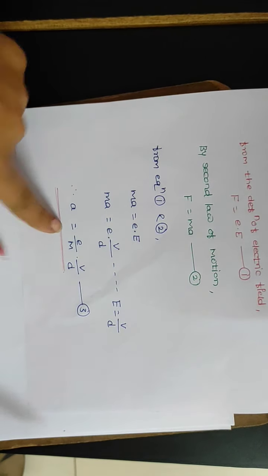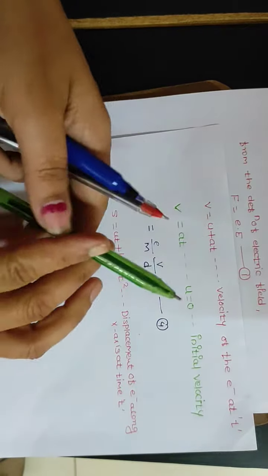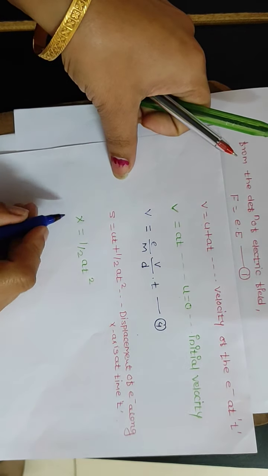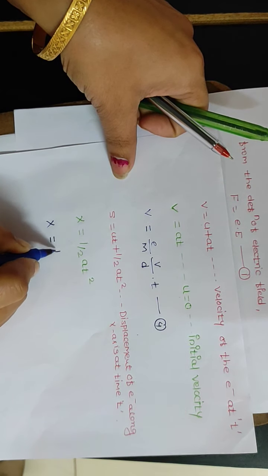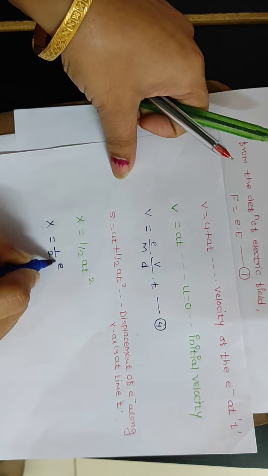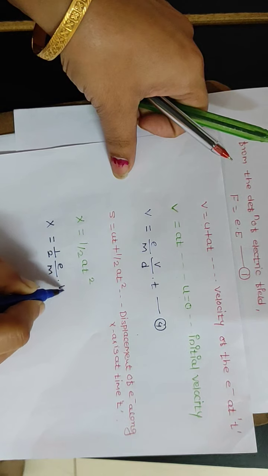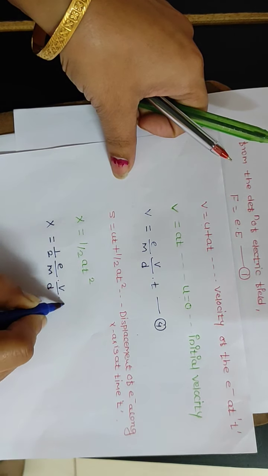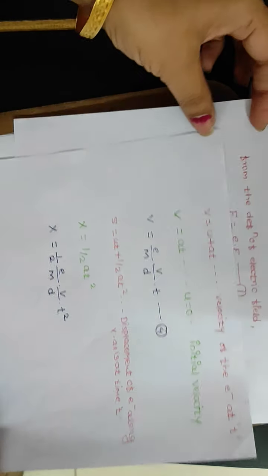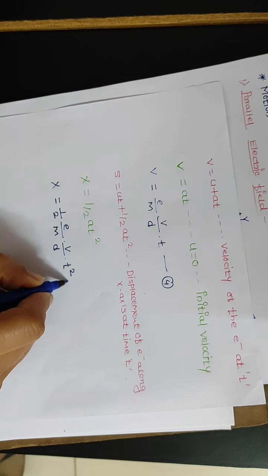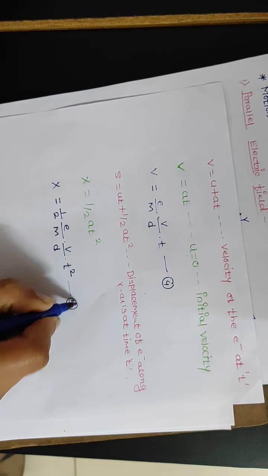Putting this value in the equation, we get x is equal to 1/2 e by m into V by d into t square. This is equation number 5.